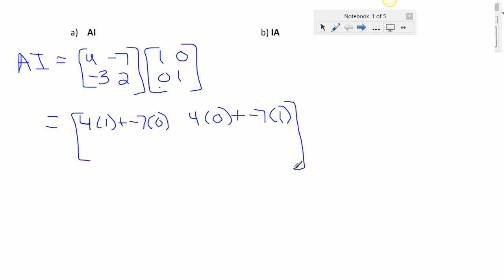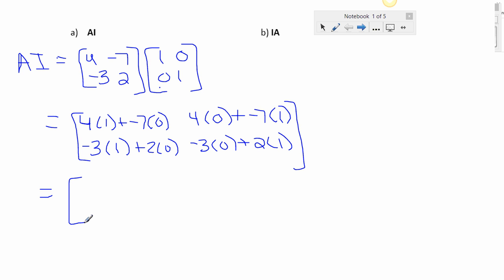Now for the bottom row, you're going to do second row down the first column and then second row down the second column. So -3 times 1 plus 2 times 0. And then -3 times 0 plus 2 times 1.